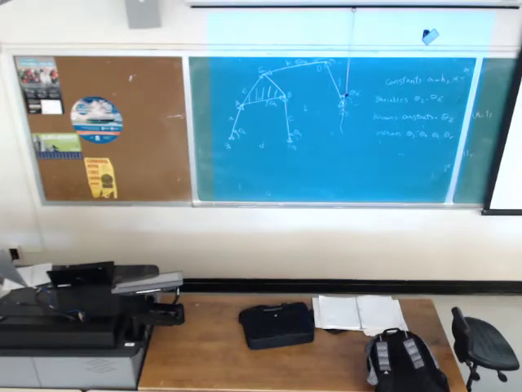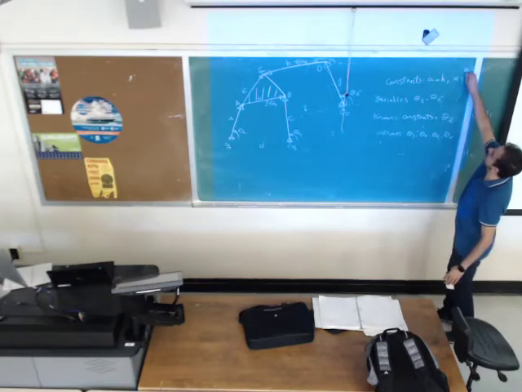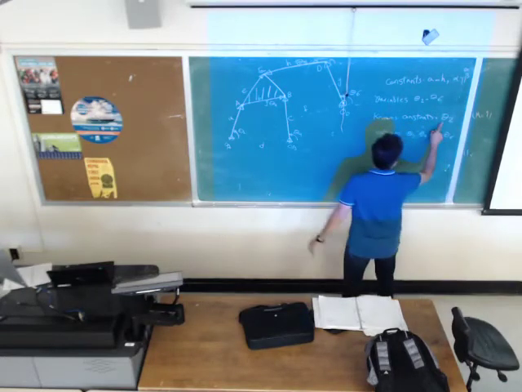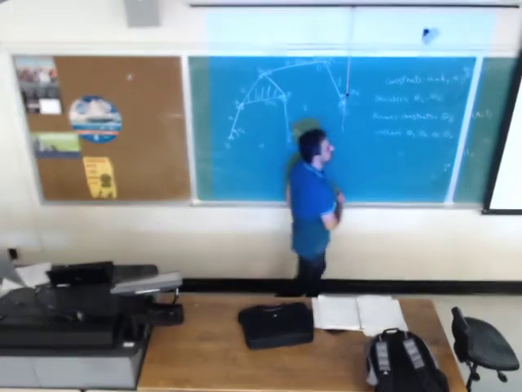Theta 2 is the input, since the degree of freedom is 1. The unknowns would be theta 3, 4, 5, and 6. We need number of unknowns divided by 2, 4 divided by 2, so I need 2 loops. The first loop should be the loop which has theta 2 on it.